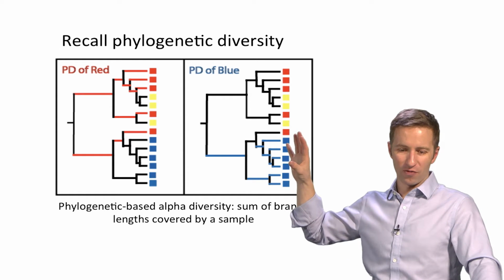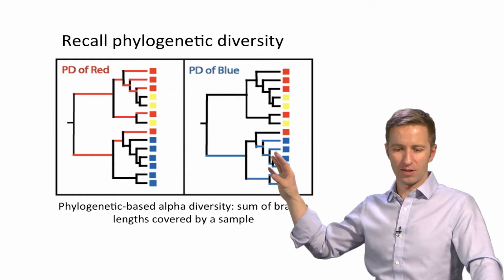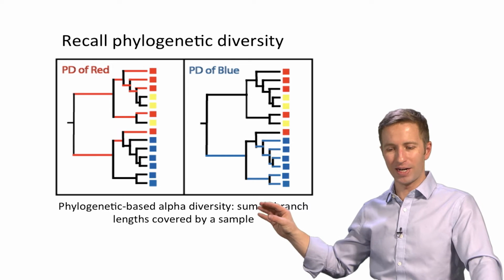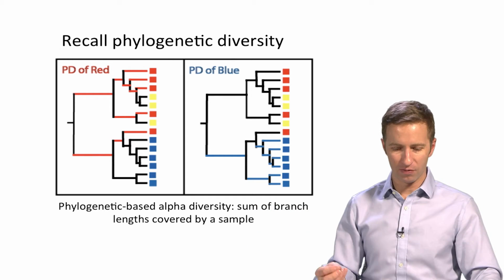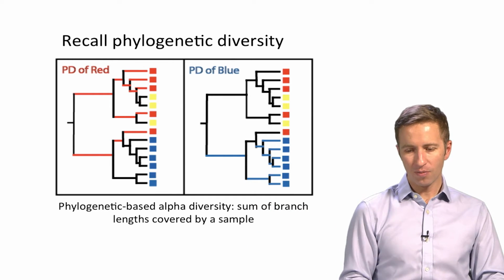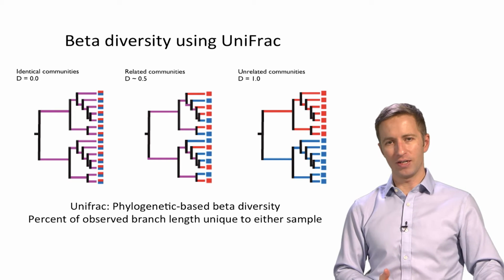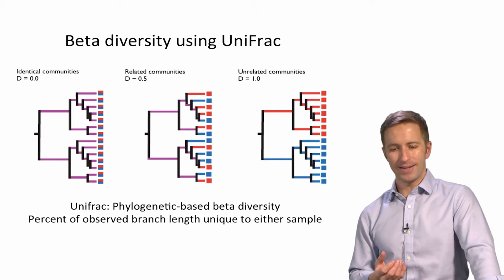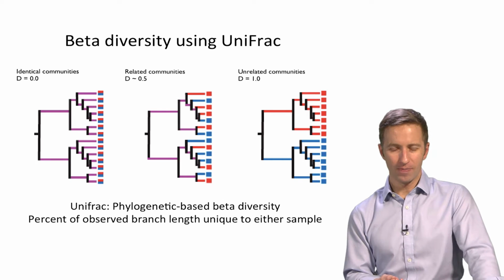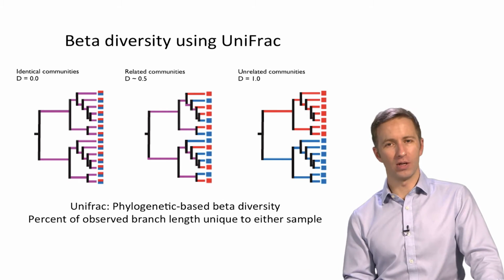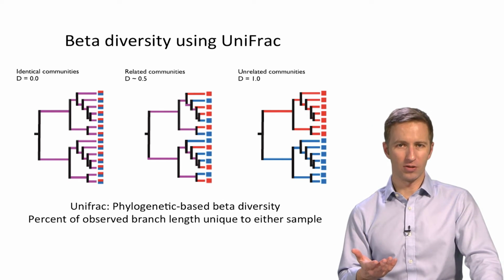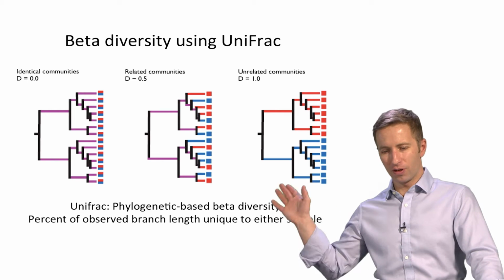So it would have a more phylogenetically diverse set of species than blue, even though it might have the same number or similar number of species. So we're going to use something very similar for beta diversity. And what we're doing is taking the fraction of the tree that is unique to one sample or the other, according to its species. Here are three different examples.